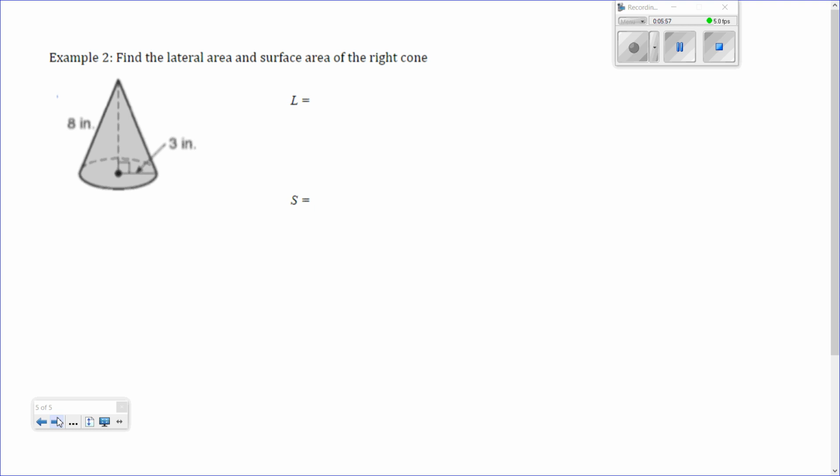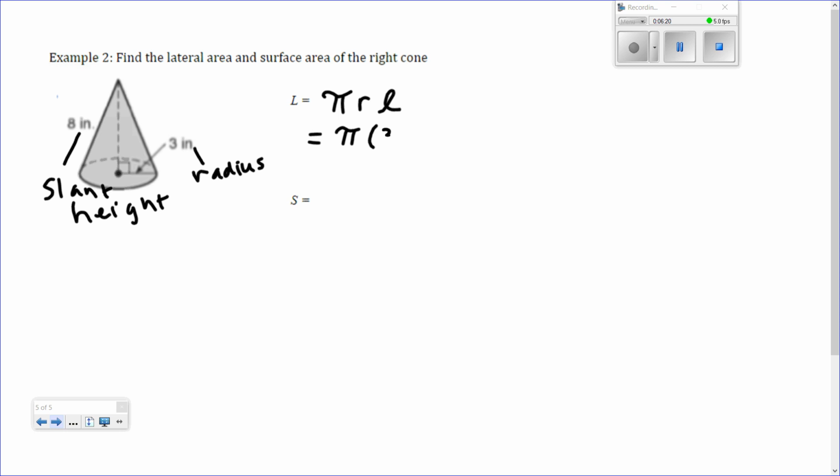And the last one is our cone here. We've got our slant height here, and then we've got our radius. For our cone, we've got pi r L as our lateral area. So I'm going to keep pi. I see that r is 3 times 8, 24 pi, or if you prefer to solve this out, approximately 75.4 inches squared.